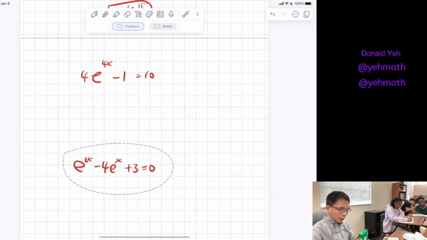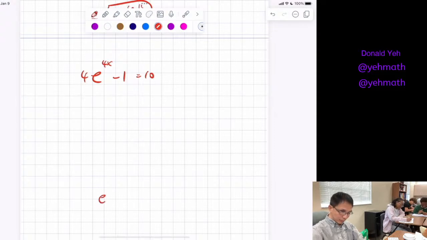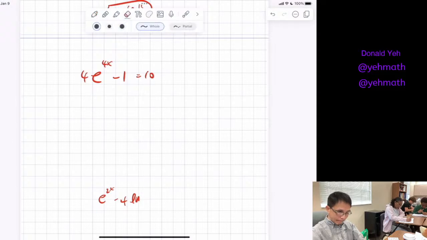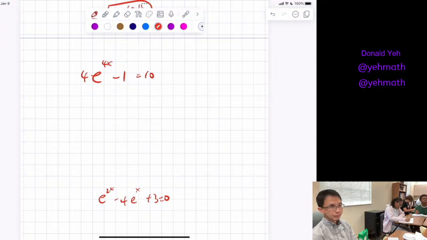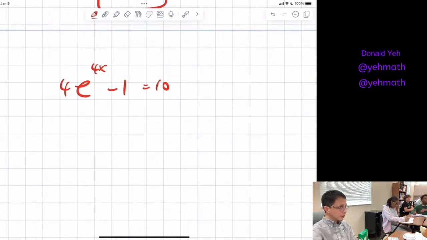Next one's a little bit more complex. Let me rewrite again. Could you zoom in? You guys should get the same answer.